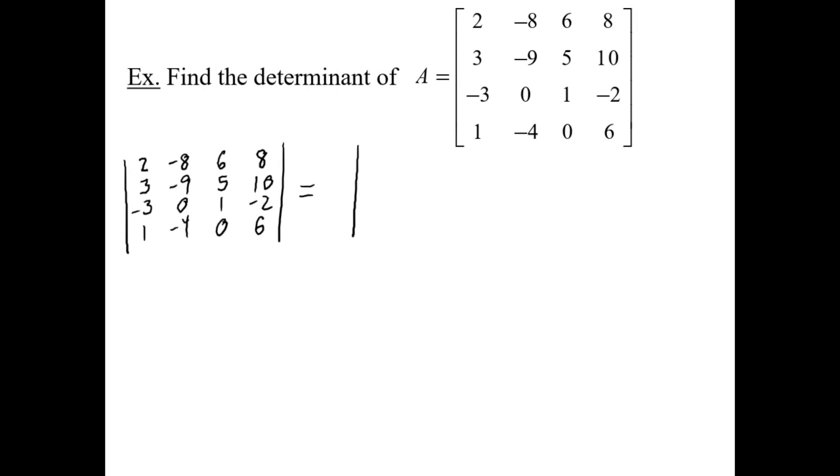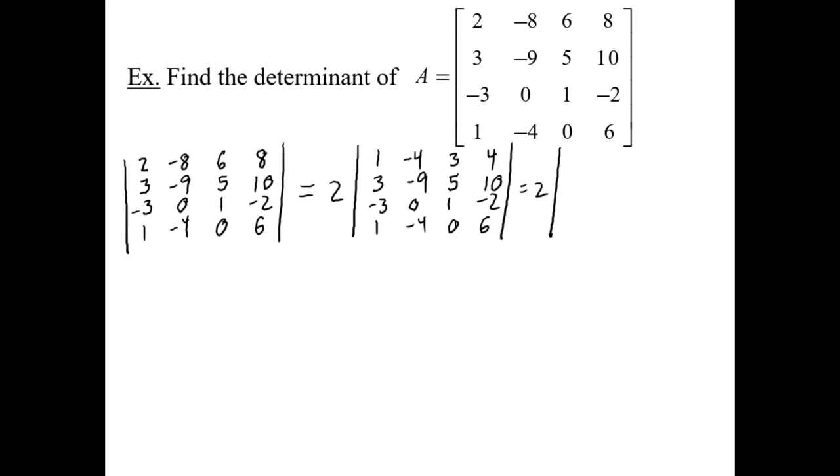So if I'm pulling out a 2, then that 2 is going to go out in the front of my determinant. I'm not making any other changes. Okay. So now my top row is good.